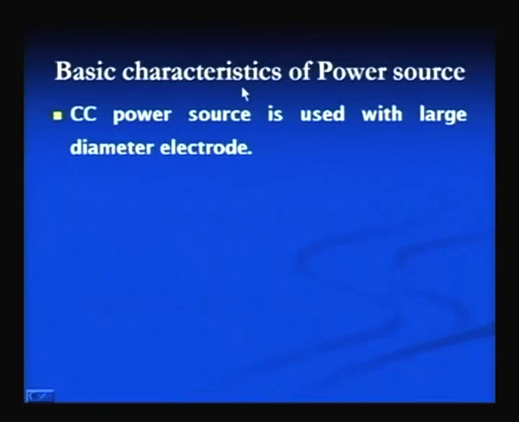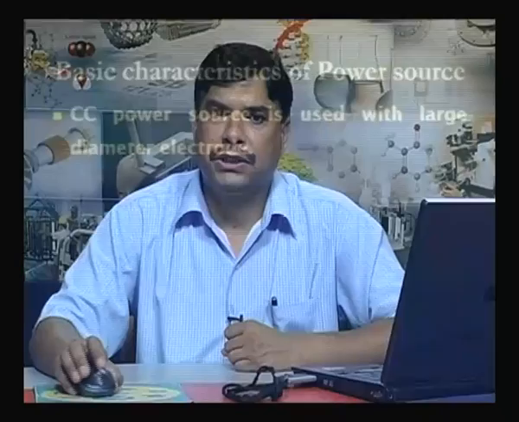The power sources used in the gas metal arc welding process can be of three types, meaning all three types of power source can be used, but it is common to use constant voltage power sources, particularly with the small diameter electrode, because they offer the advantage of the self regulating arc.